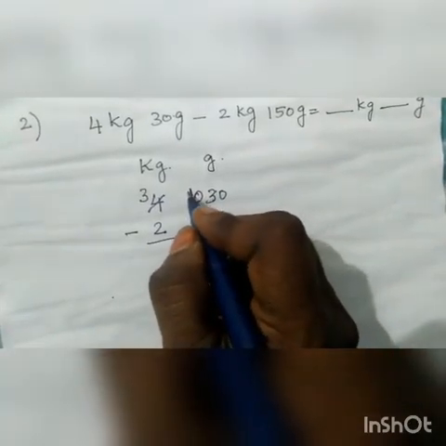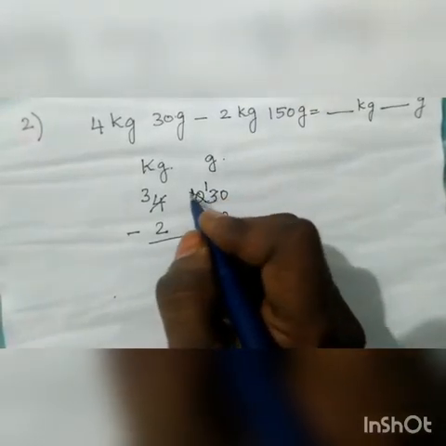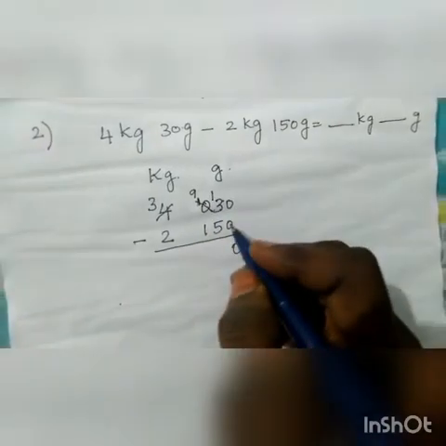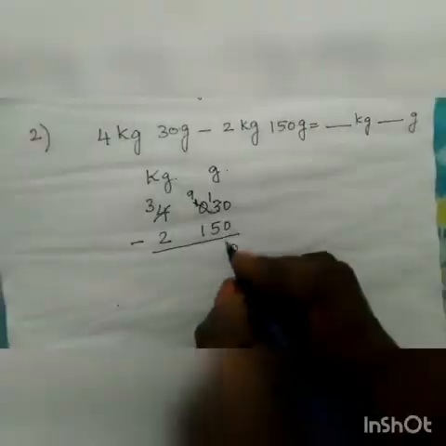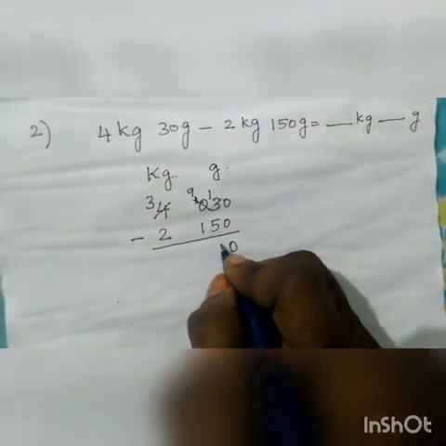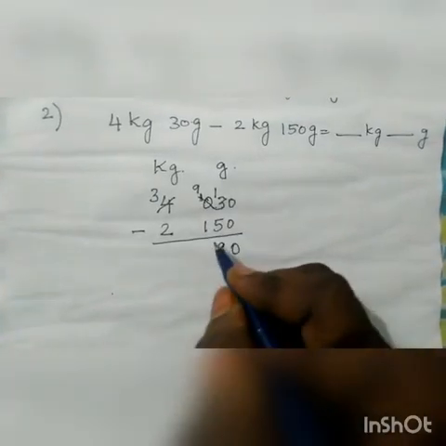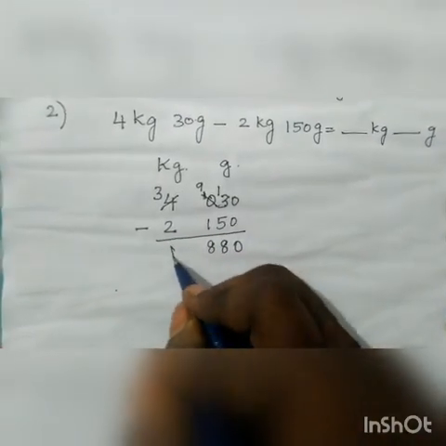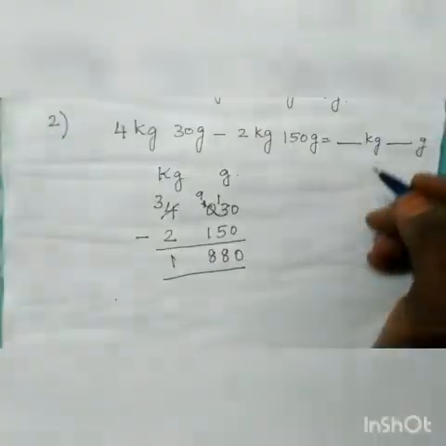Now give one value again to the 3. Then 10 becomes 9, and 3 becomes 13. Now subtract 5 from 13: 13 minus 5 is 8. 9 minus 1 is 8. 3 minus 2 is 1. Therefore 1 kg 880 gram.